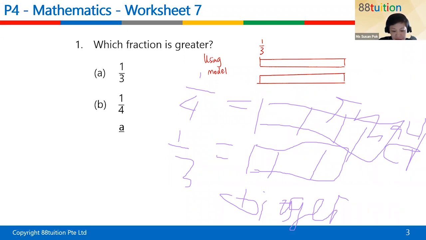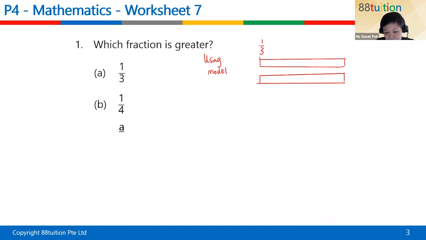So for Valerie, what you do here is you make 1/4. Valerie, can you help me tell which one will be a greater fraction?